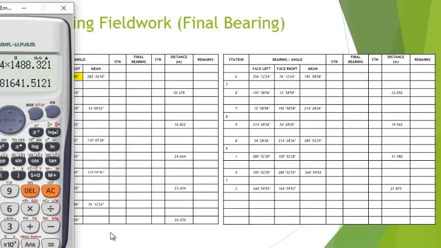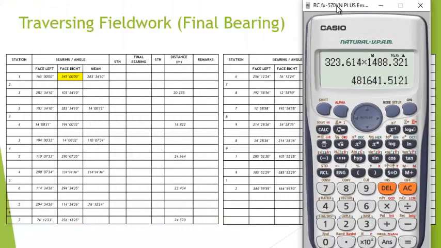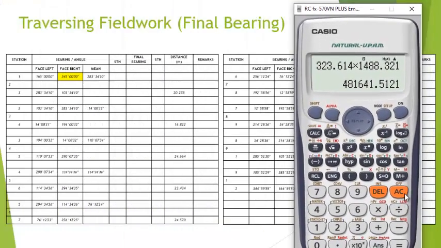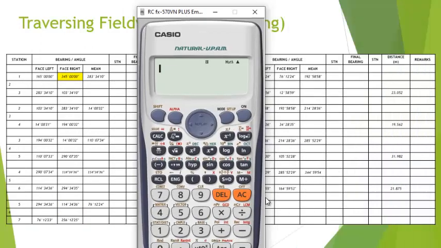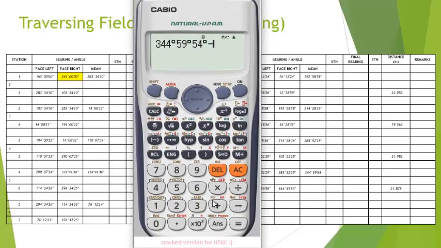Of course, take out your calculator and calculate it with me. 344 degrees, 59 minutes, 54 seconds, minus it from the datum, which is 345 degrees, and you will get negative 0 degrees, 0 minutes and 6 seconds.